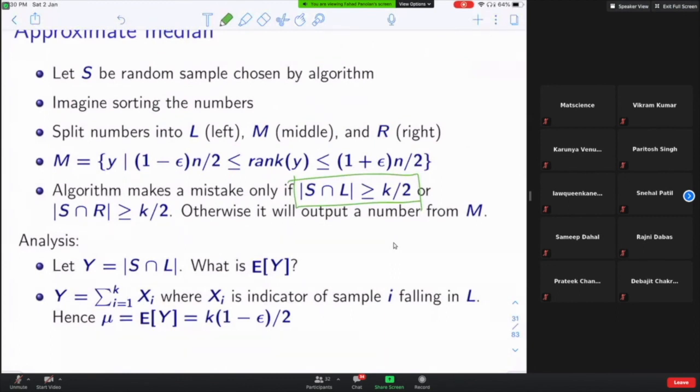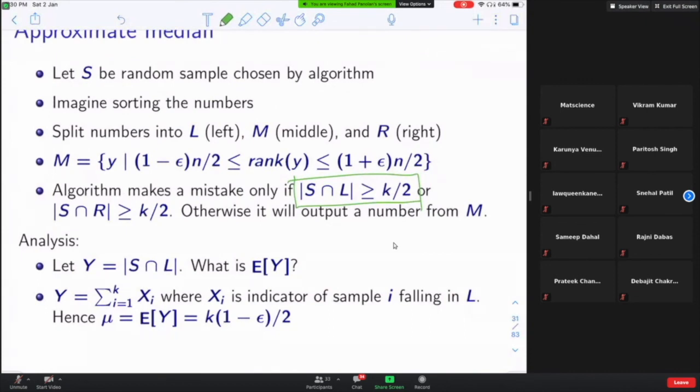So let y be the random variable which is the cardinality of S intersection L. What is the expected value of y?